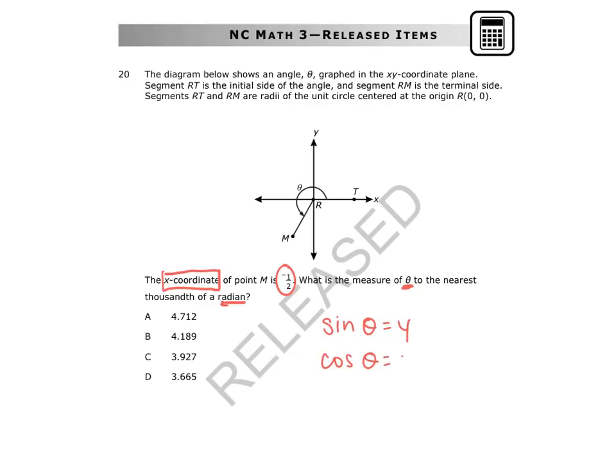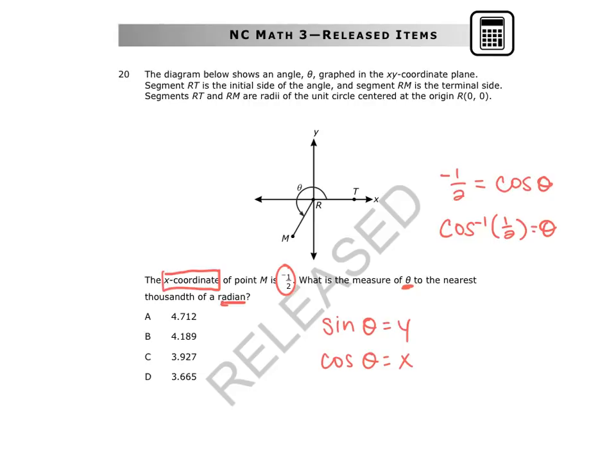Cosine theta is equal to your x value. So if my x coordinate is negative 1/2, then negative 1/2 is equal to cosine theta. So the question is, what's theta? Well, I can use an inverse to solve. So one option is do the inverse cosine of negative 1/2. That'll give me theta. The other option is plug in A, B, C, D into cosine theta, and check them off and see what you get.